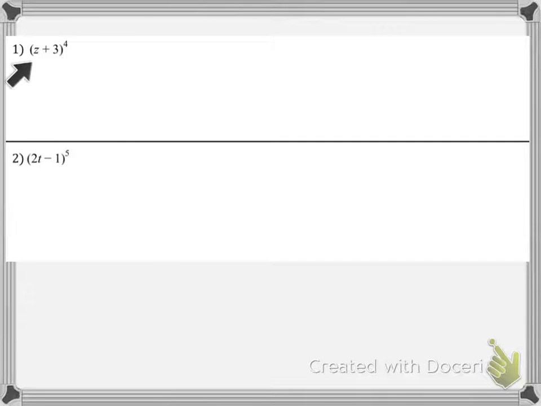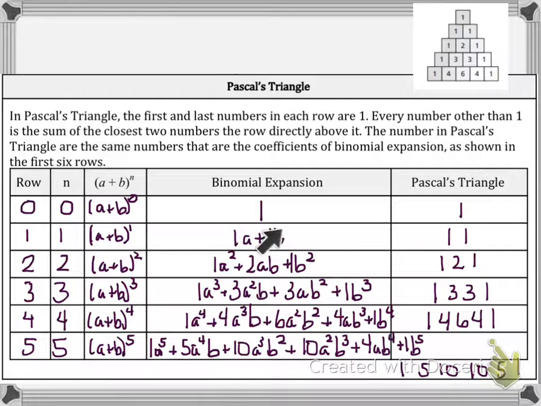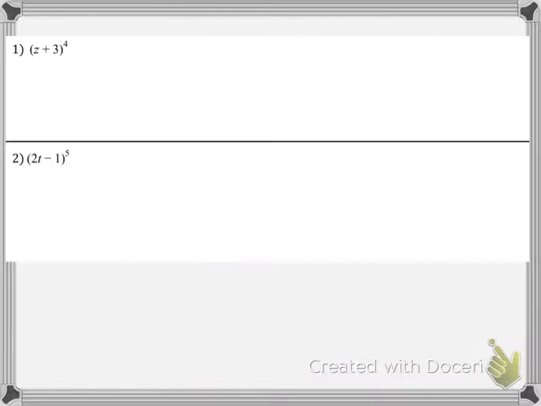So let's do this first one, z plus 3 to the 4th power. Now let's take a look at the pattern, 1, 4, 6, 4, 1. And we're looking at the 4th row.